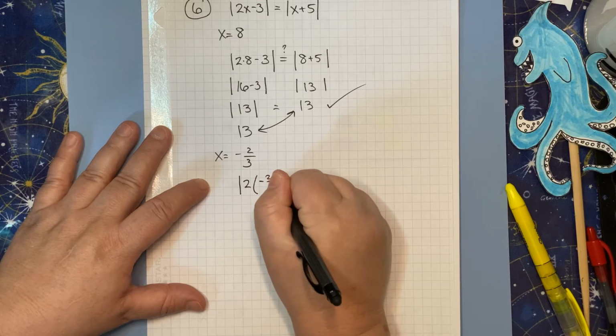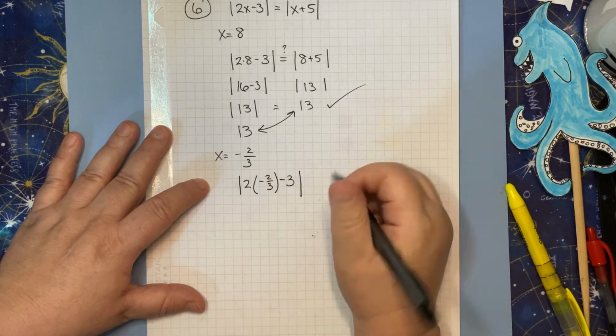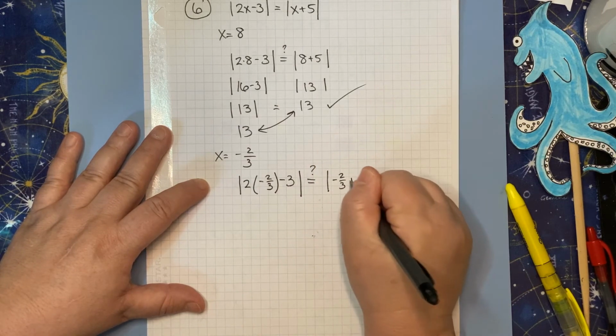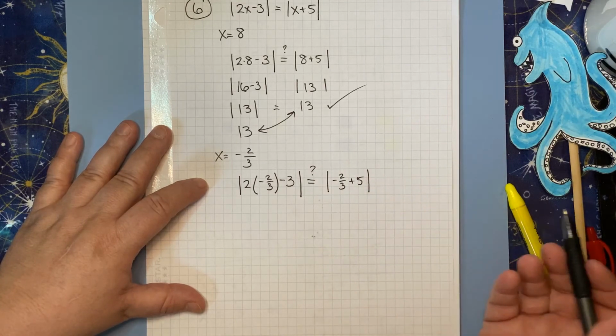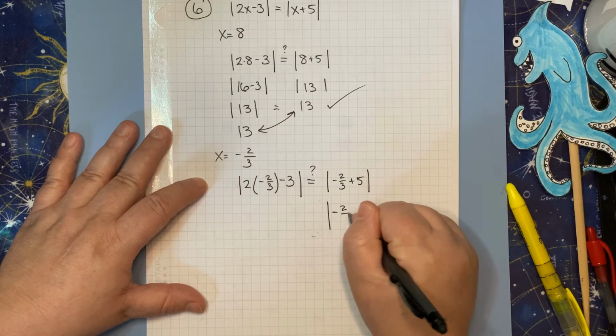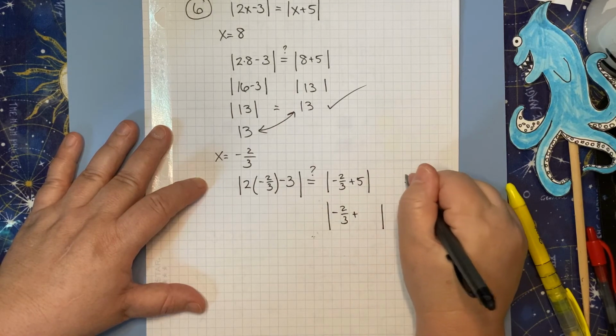2 times the opposite of 2/3 minus 3 in absolute value, is that equal to negative 2/3 plus 5? So this is going to be working with a lot of fractions. What you might want to do is start on the right because it looks a little easier. I'm going to write this out as negative 2/3 plus 5, and I have to write 5 as thirds.